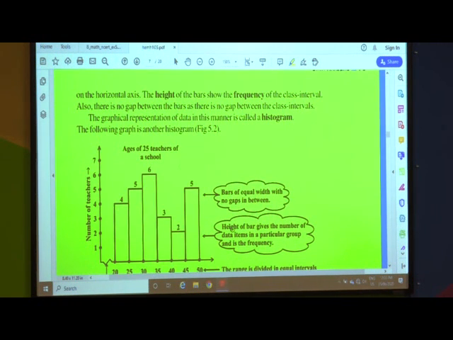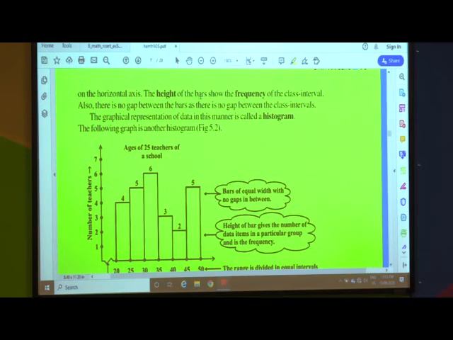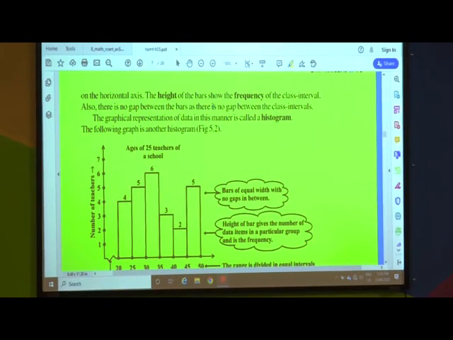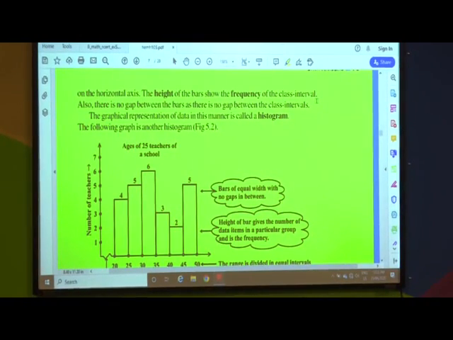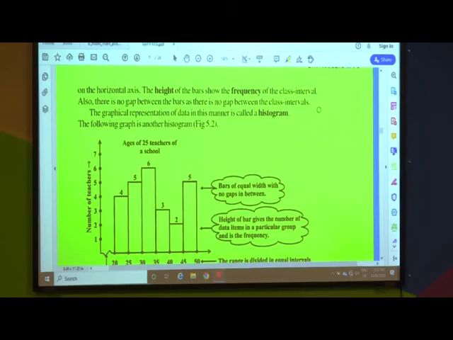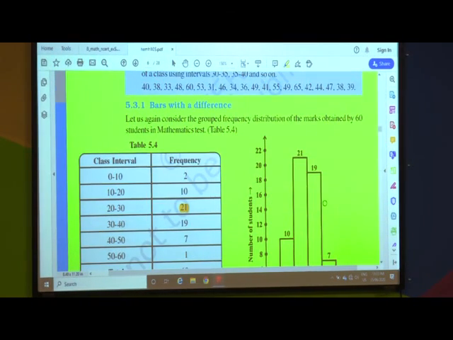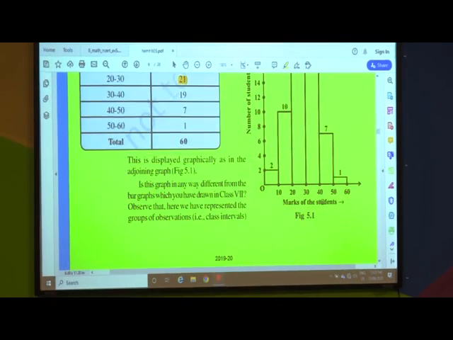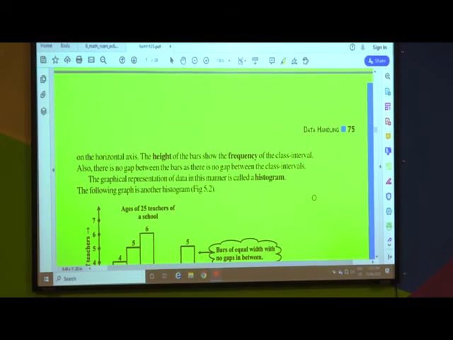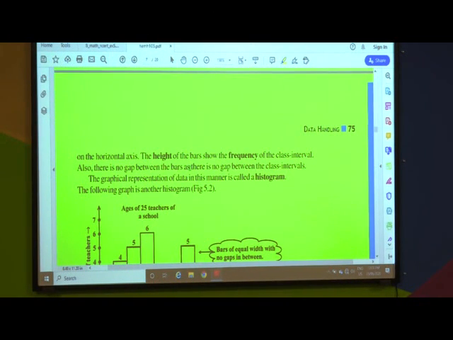Proceeding further, on the horizontal axis, the height of the bars shows the frequency of the class interval. Whatever is written here are the frequencies: 2, 10, 21, 19, 7, 1 are the frequencies of the class intervals. Also, there is no gap between the bars, as there is no gap between the class intervals.